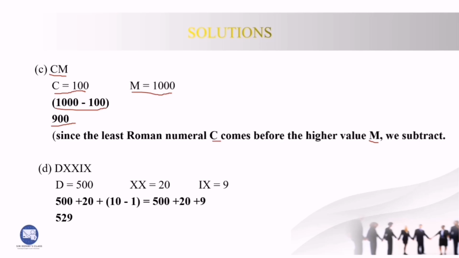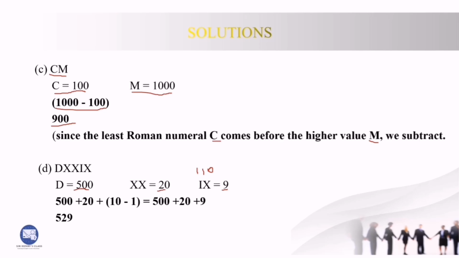Then D, we have DXXIX. So D representing 500, XX, since they are the same, we add, we'll get 20, and IX is 9. Here you can even calculate to see if it is 9 or not. I is 1 and X is 10. And what did we see? When a smaller Roman numeral comes first, you subtract. So 10 minus 1 is 9.